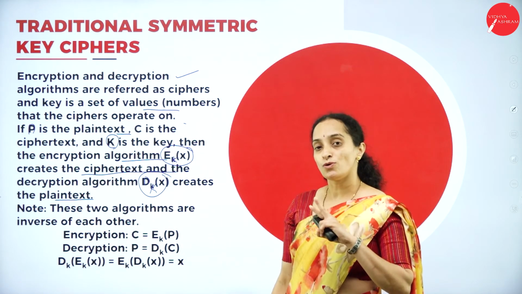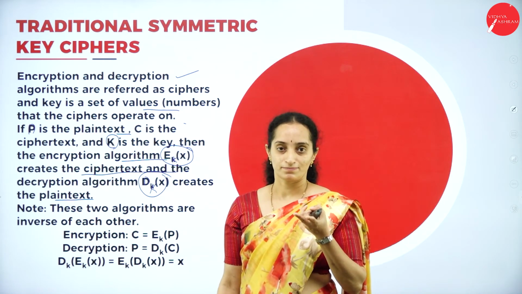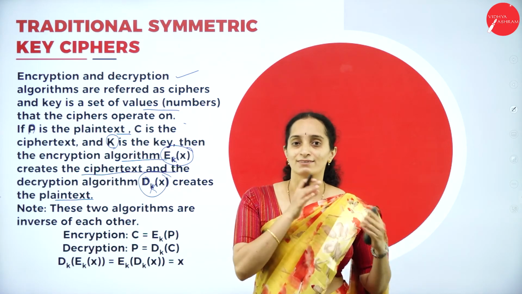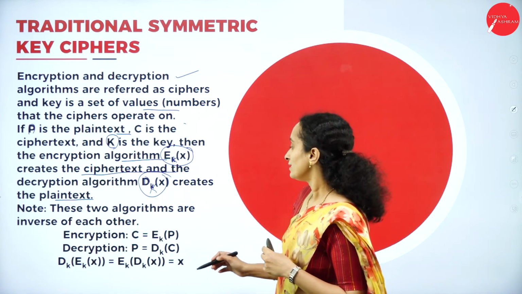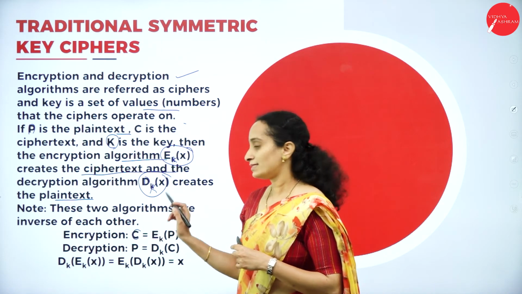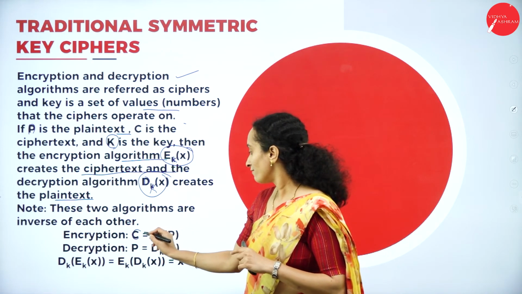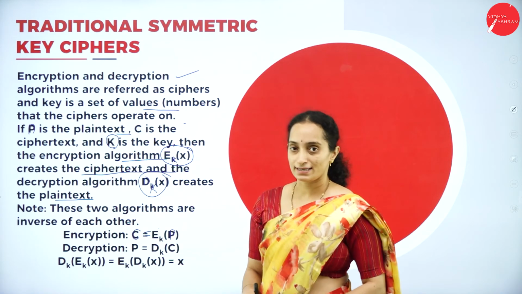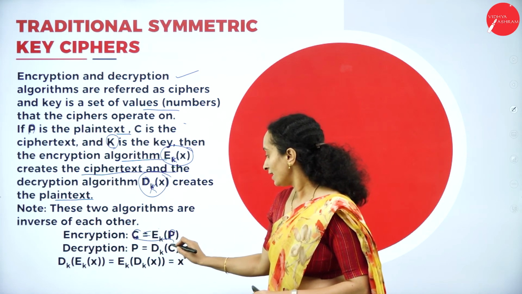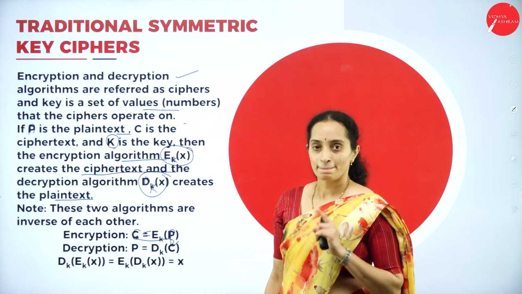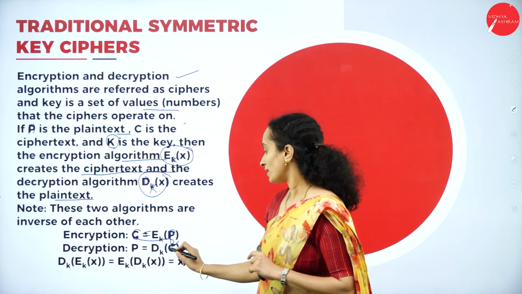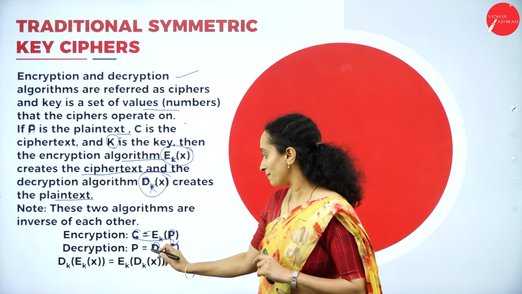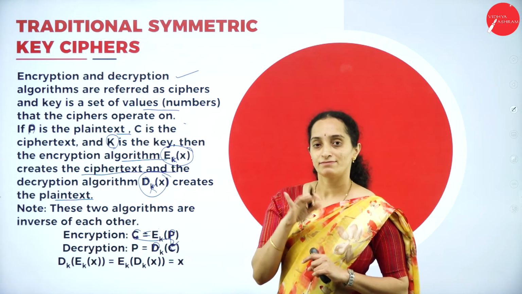These two algorithms work in a reverse order. The decryption algorithm will make the exact reverse of the encryption. This can be represented as: the cipher text C is generated by applying the encryption algorithm to the plain text. When the decryption algorithm is applied to the cipher text with the same key, the plain text is obtained.